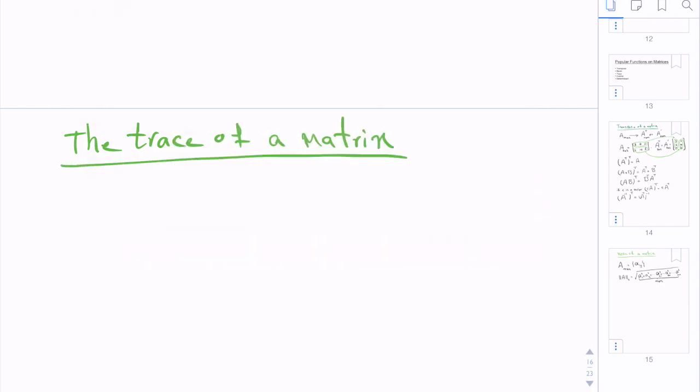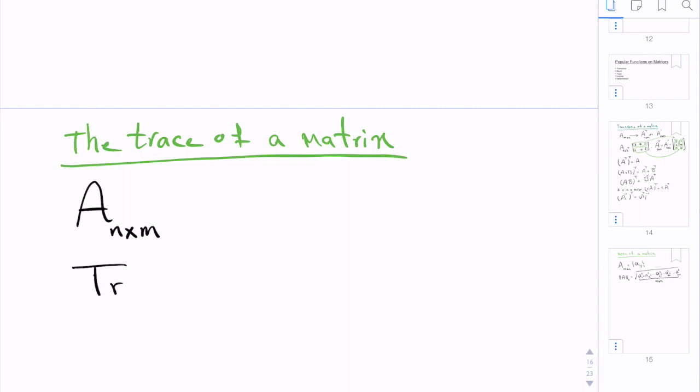So what is the trace of a matrix? Basically, if you have a matrix of dimension n times m, then the trace of that matrix is the sum of the elements on the main diagonal. We denote the trace by tr.